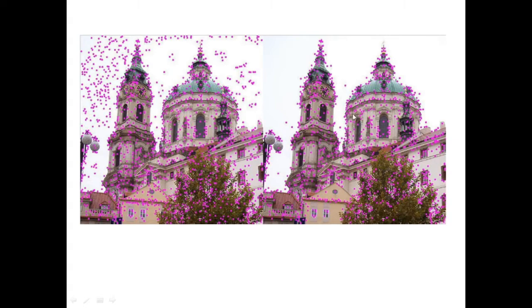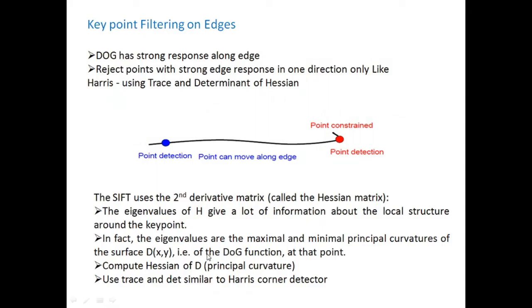I can treat this as a surface, so I am able to find the extrema, using the eigenvalues which are considered the maximal and minimal principal curvatures of the surface of the DOG function at that point.